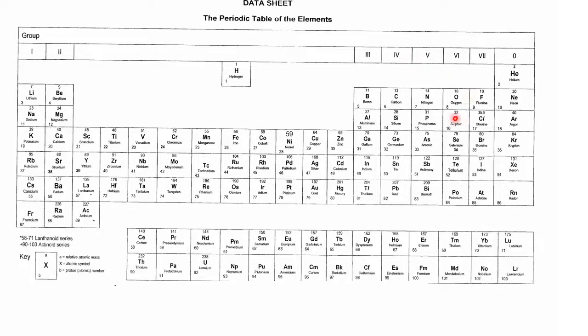So if you pick something like sulfur, it's a non-metal, chlorine non-metal, oxygen non-metal, nitrogen non-metal. But if you pick anything here, it's a metal. So these things that are in group 1, group 2, group 3 all tend to lose electrons. Well, these in group 4 going upwards tend to gain electrons.